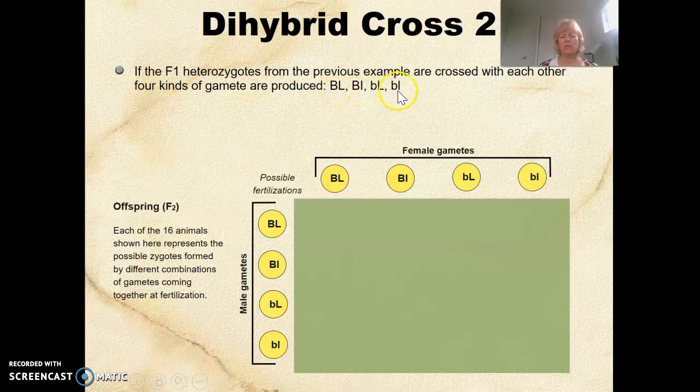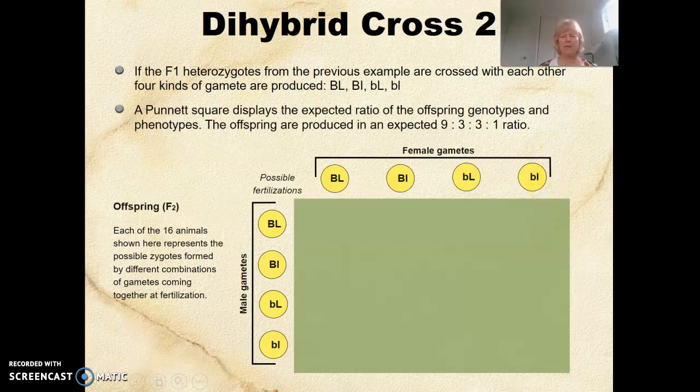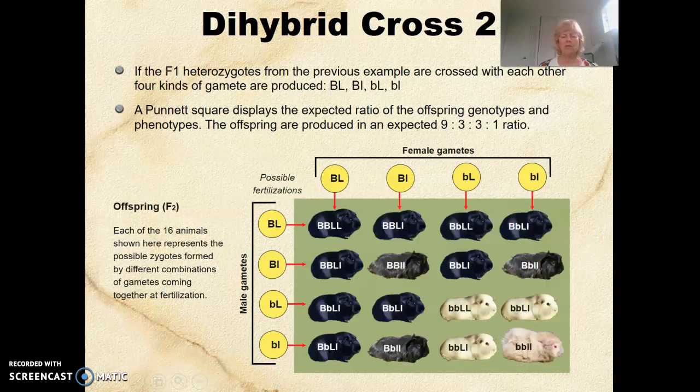So four possible gametes. So we need to set up a Punnett square with four possible gametes on each side, and the Punnett square has 16 fields. When we do this cross, this is what we're going to get. So the majority of them will be black and four of them will be white. When you have a closer look, you see that all of the black ones carry at least one dominant allele for color.